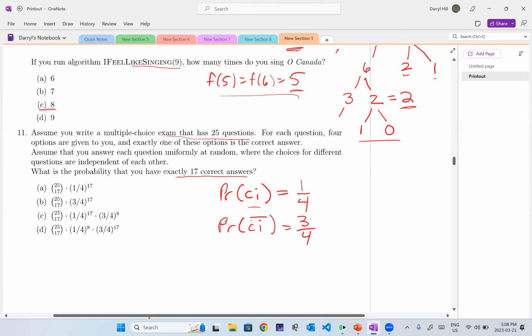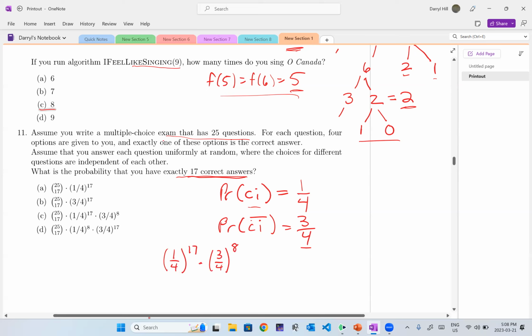Then I answer 25 questions by guessing, and 17 of them I get correct with probability 1/4. And 8 of them I get wrong with probability 3/4.